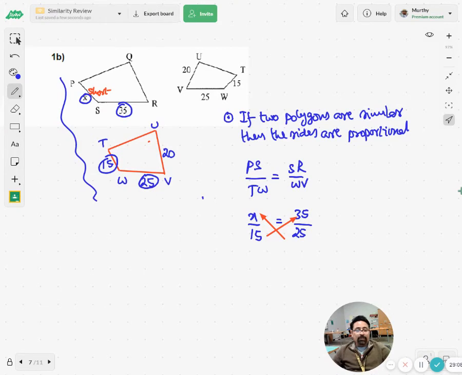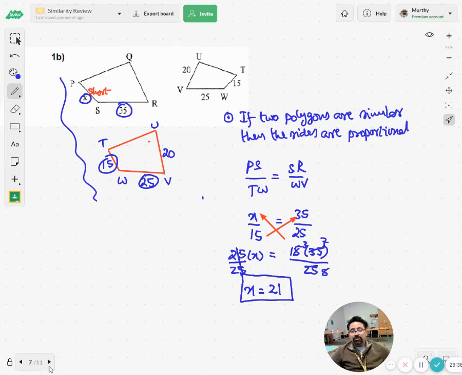Let me explain. It is 25 times x equals 15 times 35. To isolate x, we divide by 25 on both sides. You can use a calculator here, but I'm computing without one. 5 threes. You should end up with x is 21.